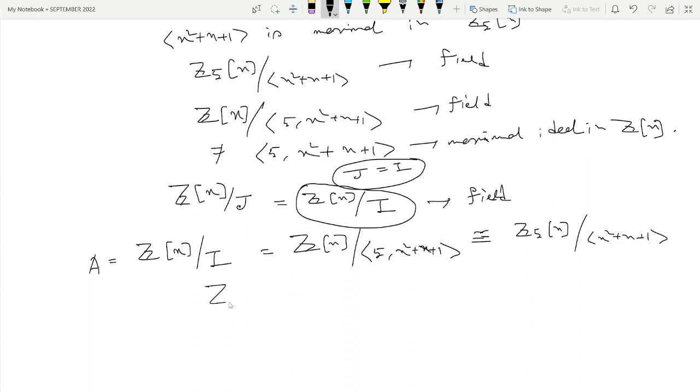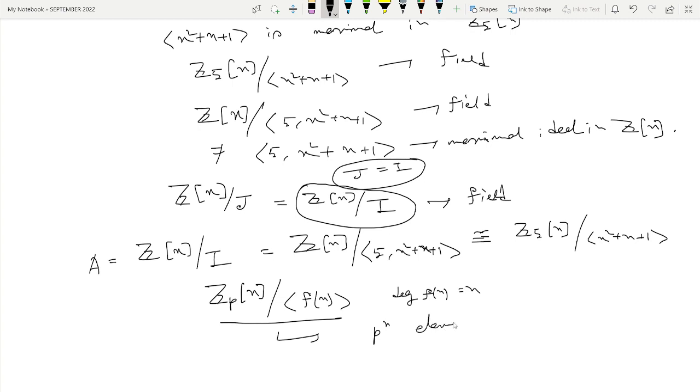See, a ring ZPX by an ideal generated by some polynomial fx, where this fx is a polynomial in ZPX of degree n, contains p to the power n elements. This is very easy to verify.